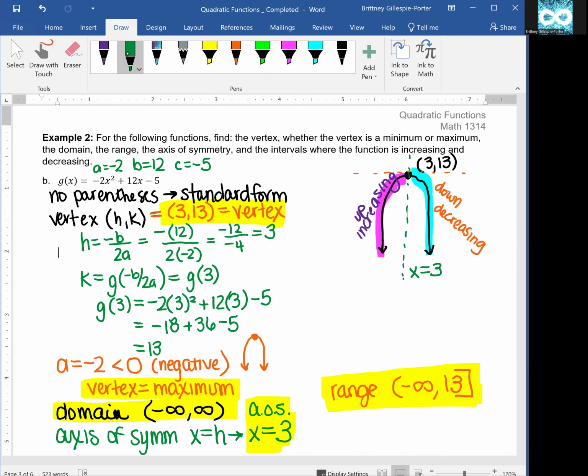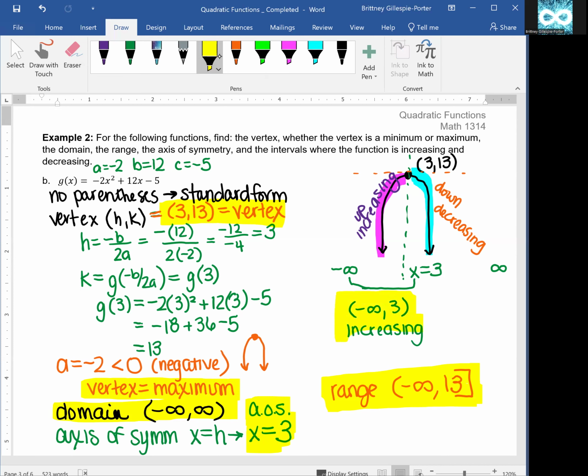Okay, I already have my axis of symmetry as the cutting point in between the two. Remember, to the left we have negative infinity. To the right we have positive infinity. And that gives us our intervals. We just said in between negative infinity to 3, we are increasing. And we have a parentheses around the 3 because we can't make up our mind at 3.